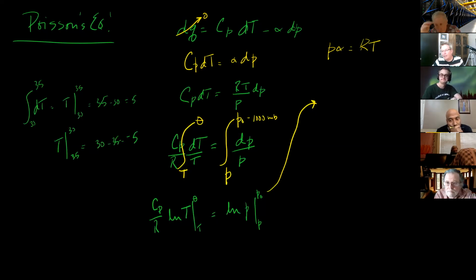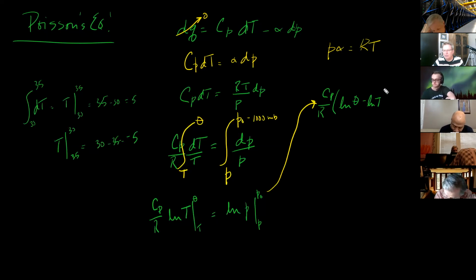Okay, so what do I got here? Cp over R times the natural log of theta minus the natural log of T equals the natural log of P naught minus the natural log of P. Now you could sit there and wonder what I'm trying to do.